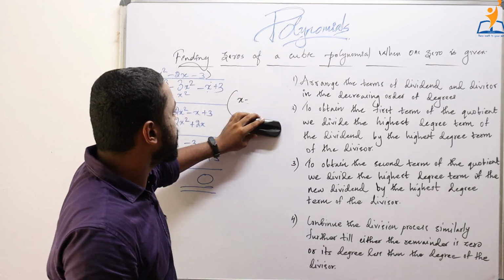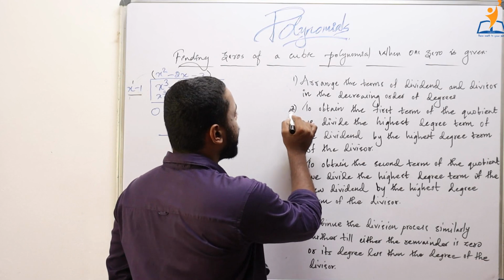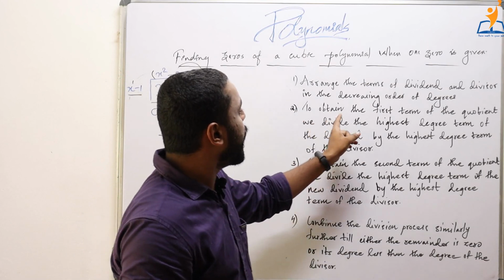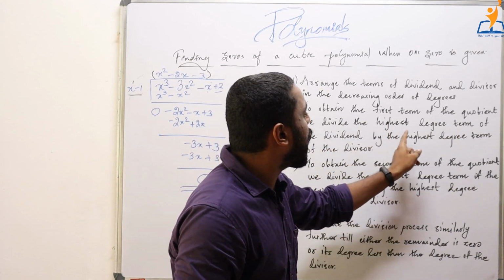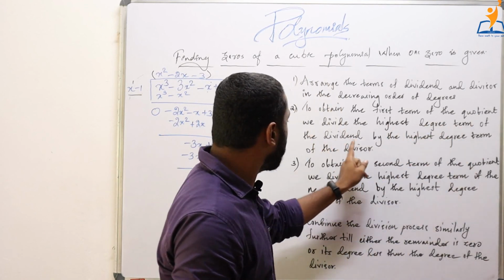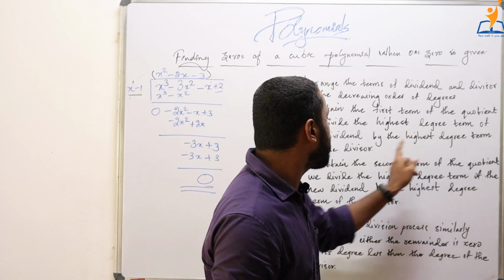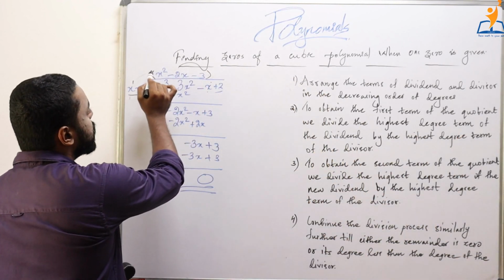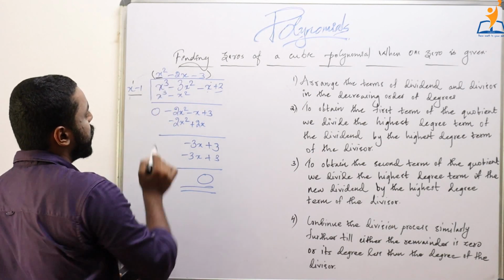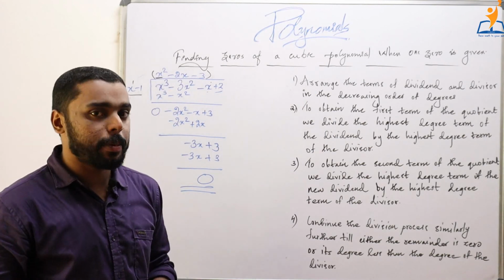Now moving on to the second step. The second step states that to obtain the first term of the quotient, we divide the highest degree term of the dividend by the highest degree term of the divisor. Here we obtained x square as the first term in the quotient.